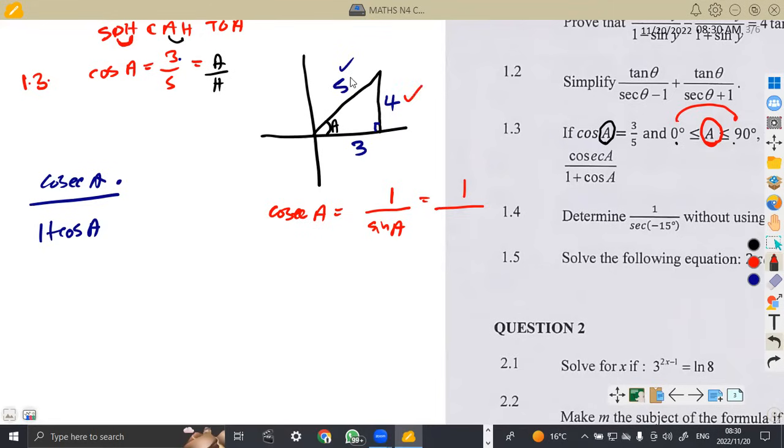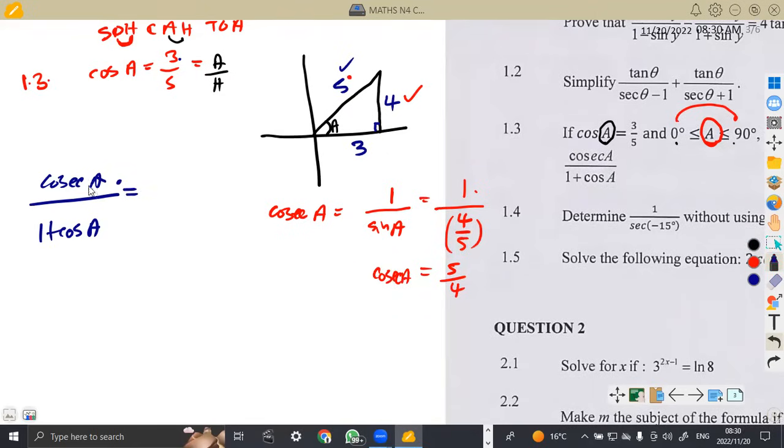So we've got opposite over hypotenuse, which is 4 over 5. That gives us 1 over 4 over 5, which is the inverse, so we just invert this fraction and get 5 over 4. So this is our cosec A.